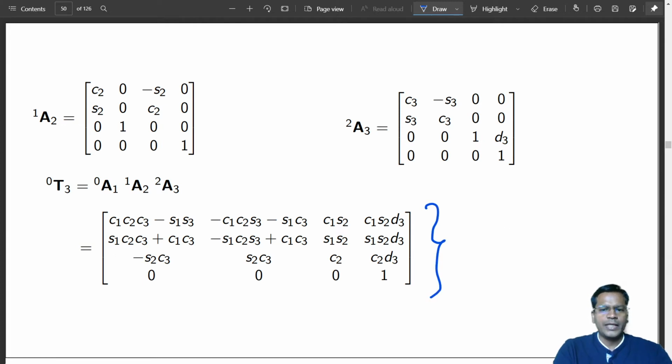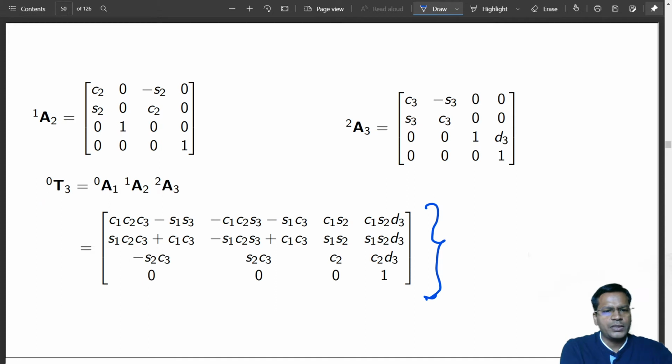It is not that trivial to find the expression which can quickly validate this. Maybe you can put some angles 0, 0, 0 and you can get some results. We'll see through demonstration tomorrow, in the next class. Right now, take this as granted.